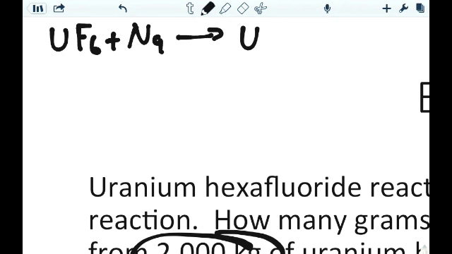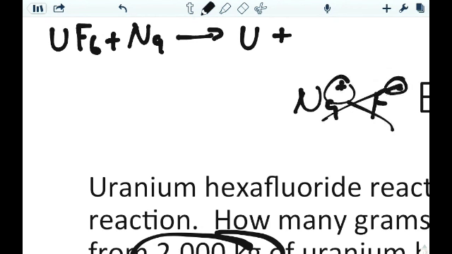So now sodium is bonded to fluorine, so we crisscross the ones and it's just NaF.